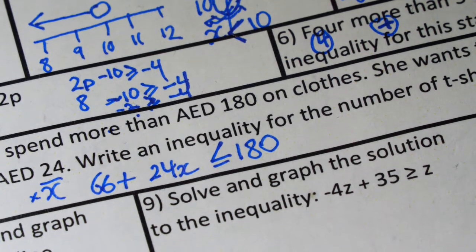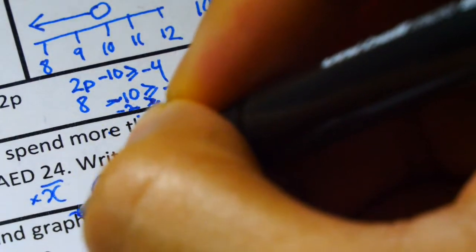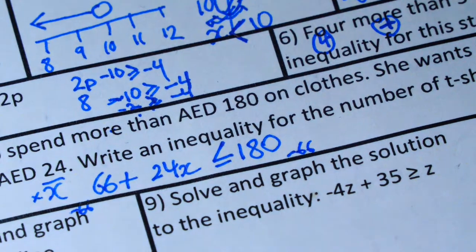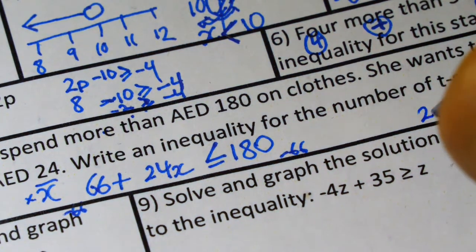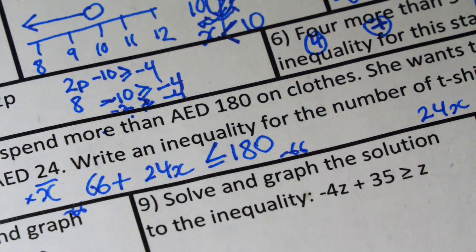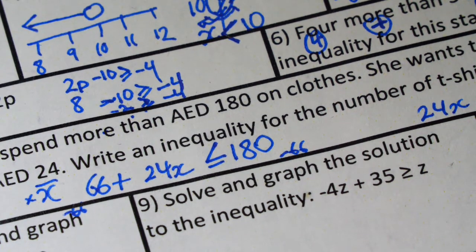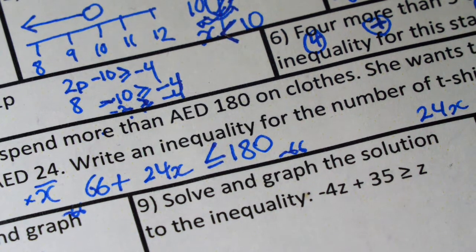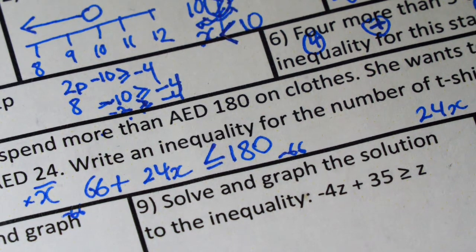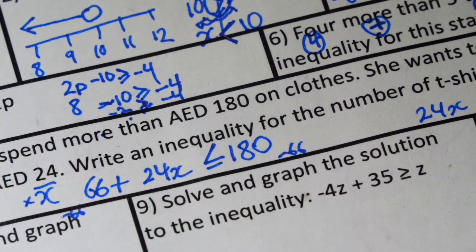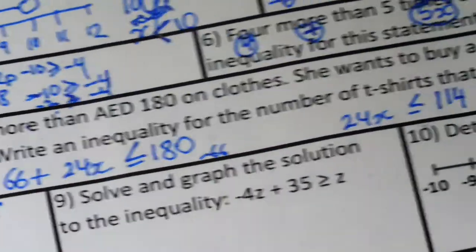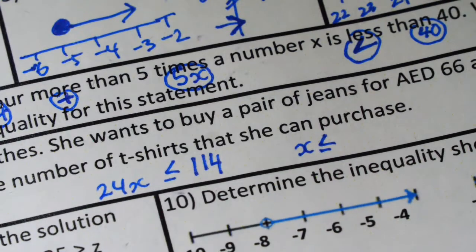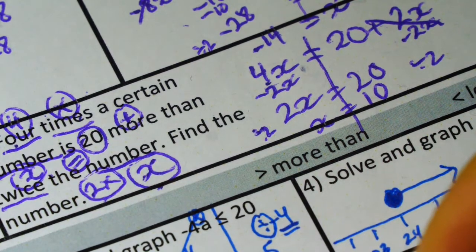Okay, if we wanted to solve this, minus 66, we would have 24x less than or equal to 114, and x less than or equal to, let me get my calculator, 114 divided by 24.